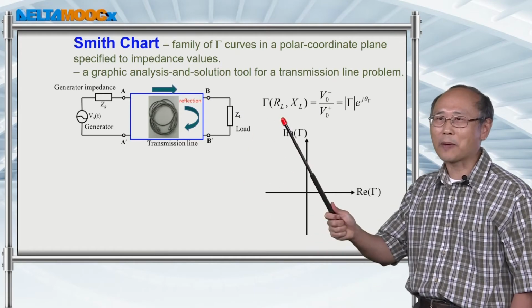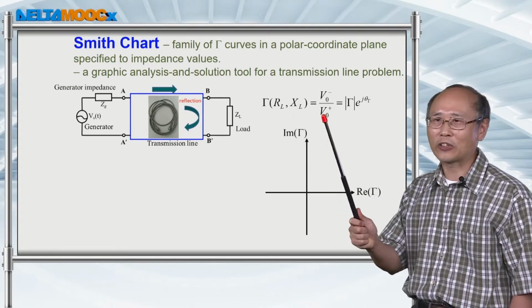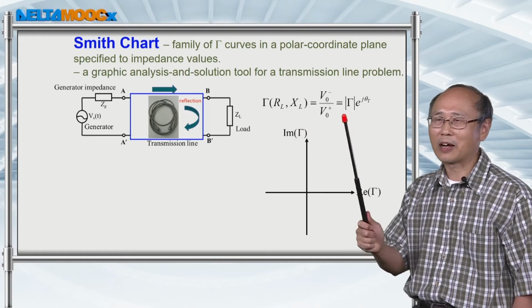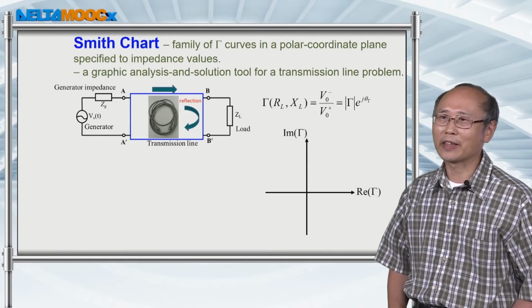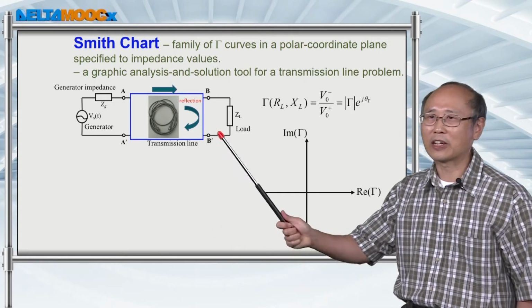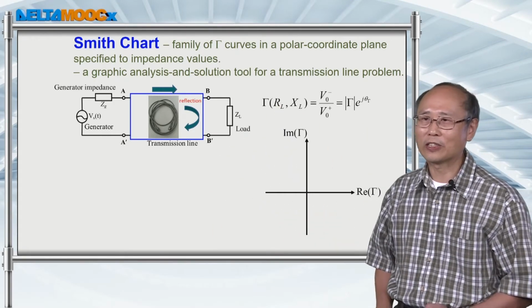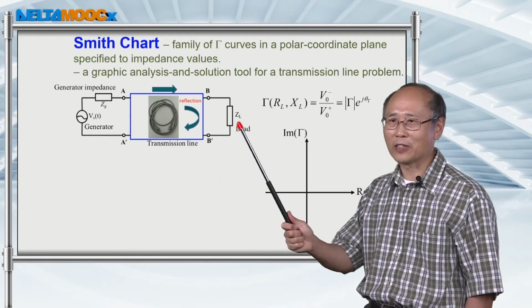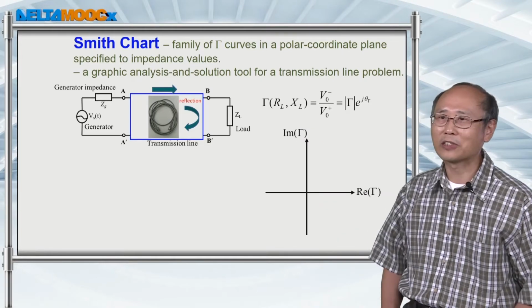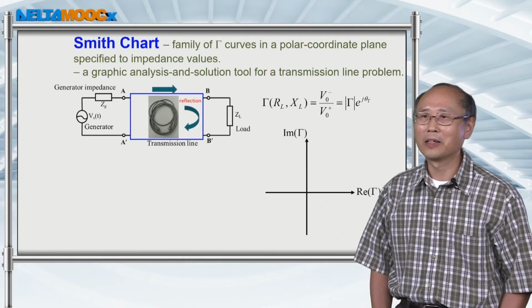We define gamma to be the voltage reflection coefficient like this. It's a complex number, with a magnitude and a phase angle. In general, this reflection coefficient is a function of your load impedance, where RL is the load resistance and XL is the load reactance.